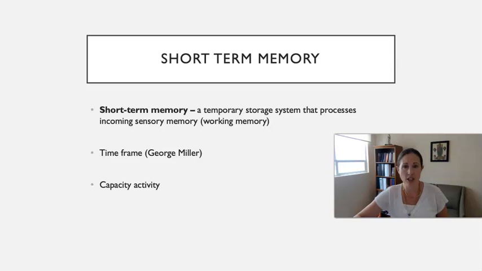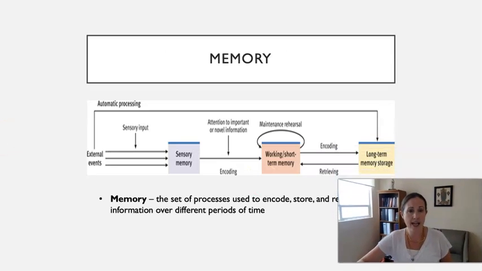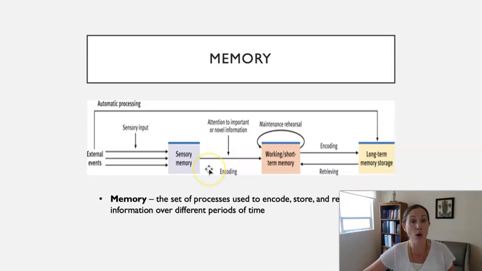And so again, I'm just going to go back to this slide briefly so you can see what we've done so far. So we've talked about sensory memory. It's the sensory input coming into your eyes, in through your ears, your tongue, whatever it is. And then once it's in sensory memory, if it's something that your brain says, yeah, this is important, then you will move it to your short-term memory.